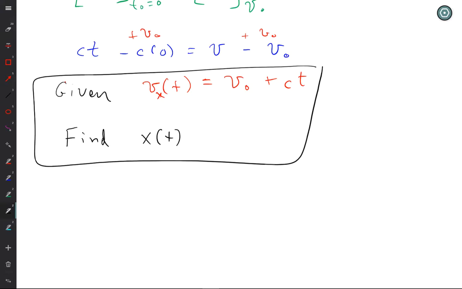You usually don't write the t, because remember the t was just saying it's a function of time. It's not a multiplier. Yeah, vx parentheses t and vx are identical. And we're just replacing it.